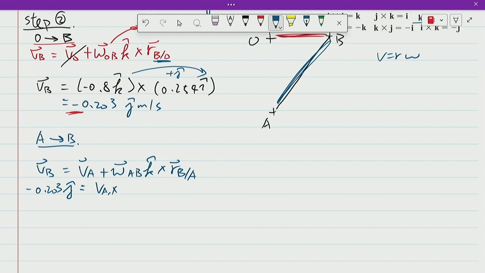We don't know VA yet, but we did have an expression for it. We don't know omega AB. But we have already found the relative displacement.